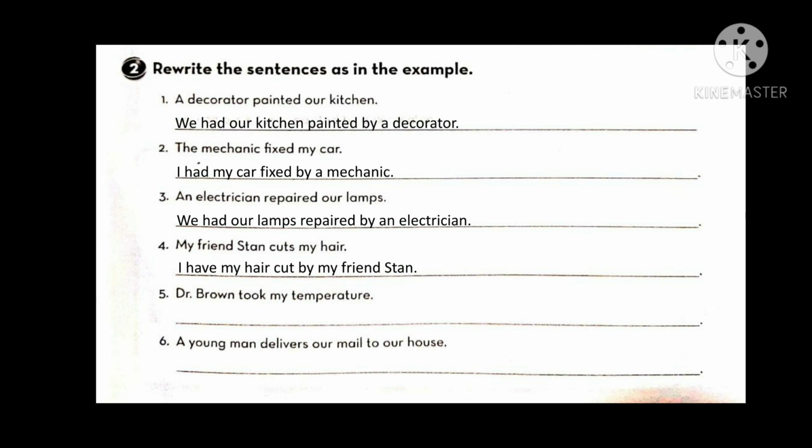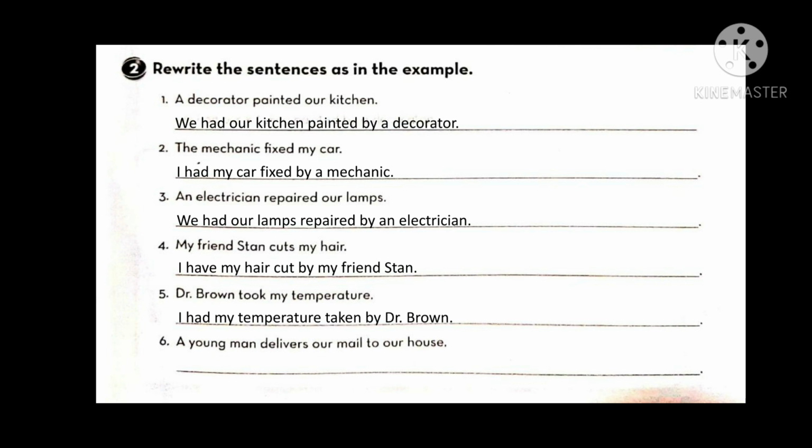Number 5. Dr. Brown took my temperature. Okay. So my temperature, I start with I. We have the verb took, it's verb 2, that means that I will use had. That's right. I had my temperature taken by Dr. Brown.